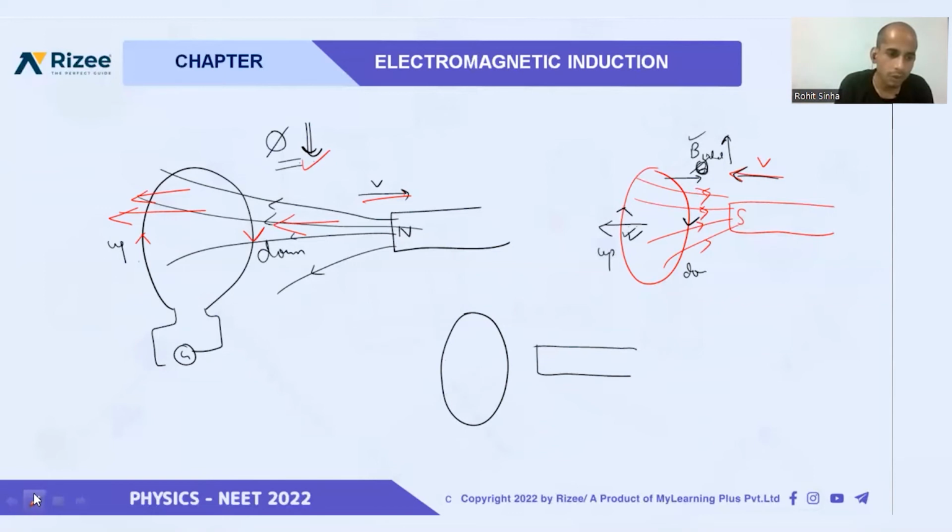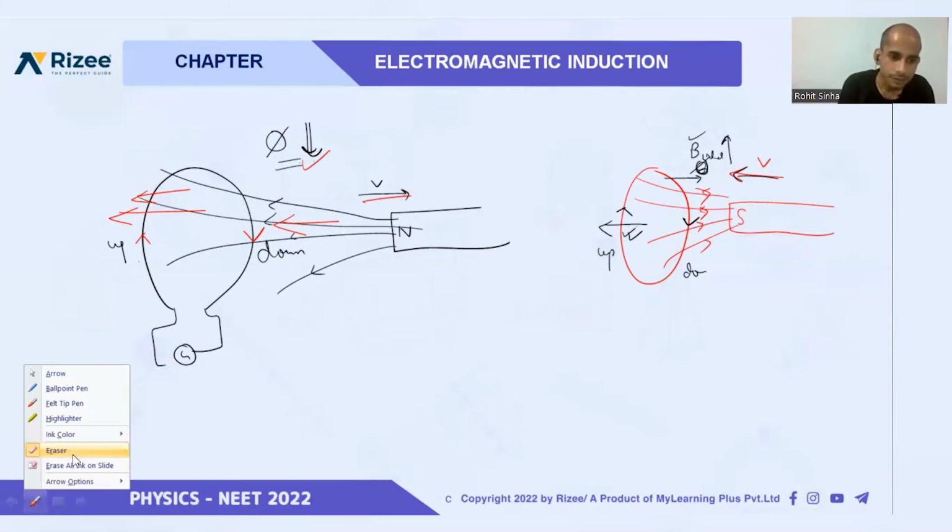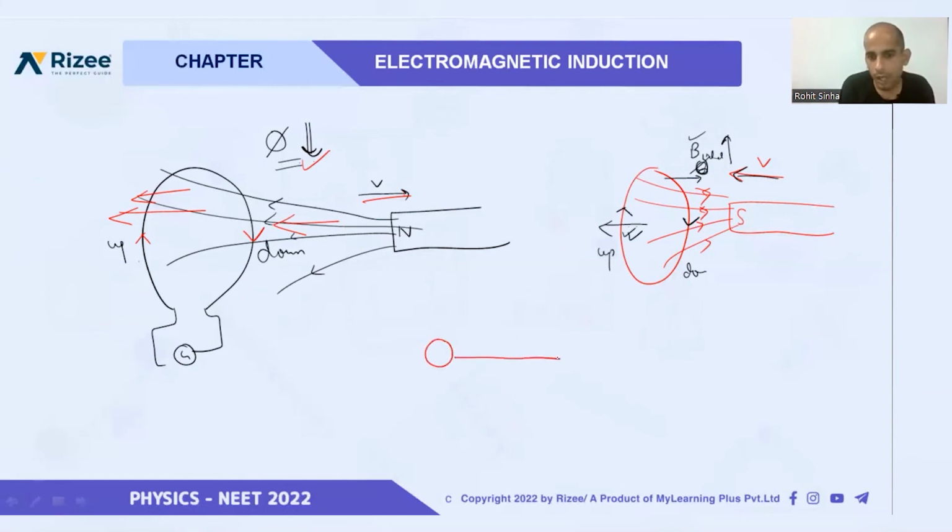I would like to give you one question. Suppose I am having one coil, and I am representing it like this line. Suppose I am bringing the south pole away from it.